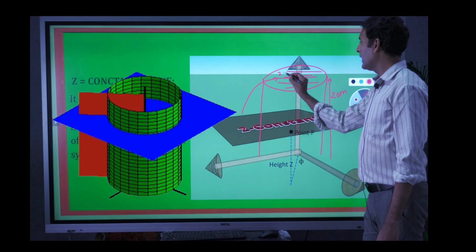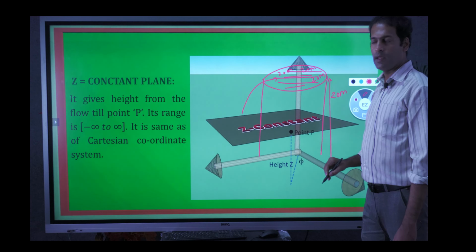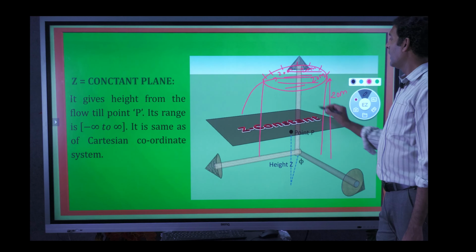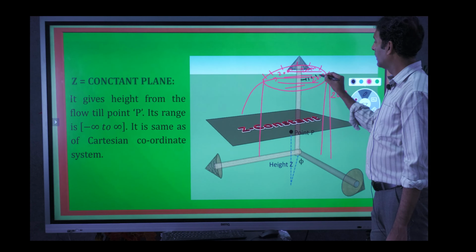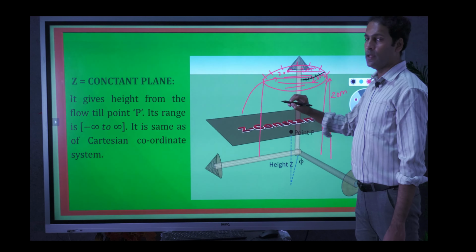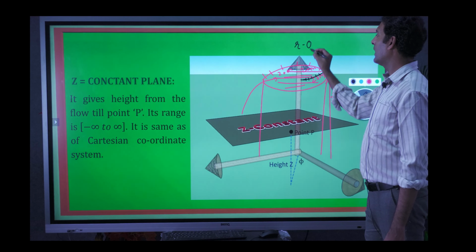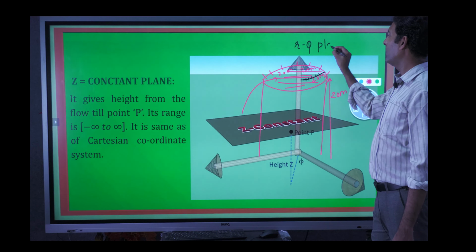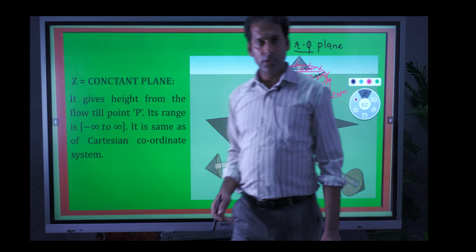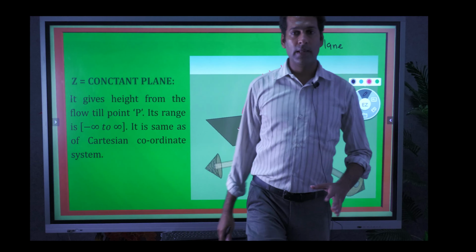So everywhere on this plane, the value of z will be the same, 20 meters. But the angle will be changing and the radius will be changing. So this is the z constant plane, or it can also be called the r phi plane, where the values of r and phi are changing. So these are the three constant planes. Now we have to explore them mathematically.